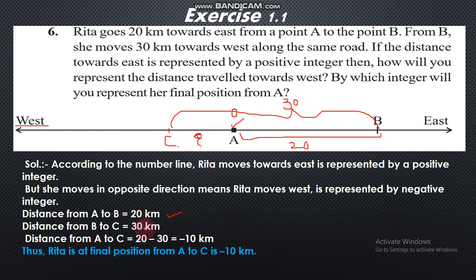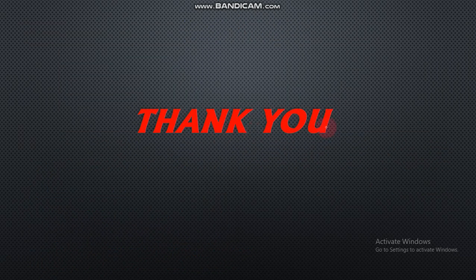Distance from B to C is 30 kilometers. So to get the distance from A to C, I'll subtract 20 minus 30, since 30 is negative because she goes on the west side. So 20 minus 30, the answer is negative 10 kilometers. So Rita's final position from A is at 10 kilometers, on the west side. Thank you for watching the session.